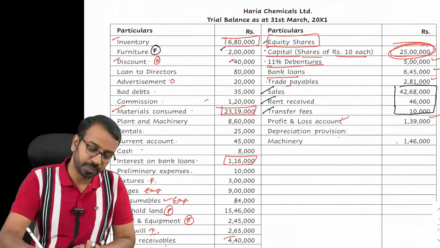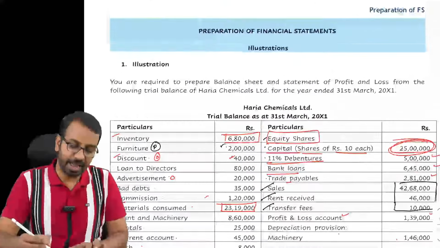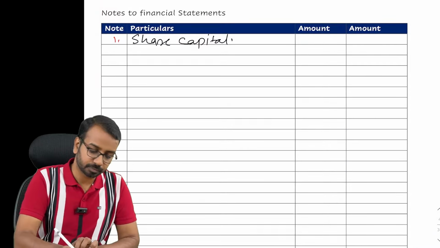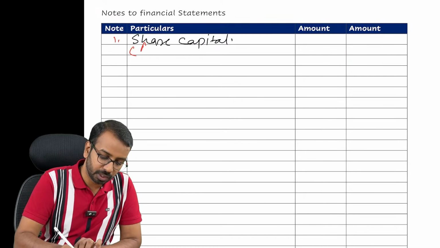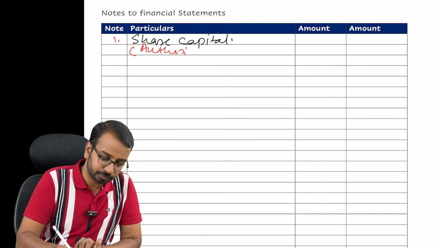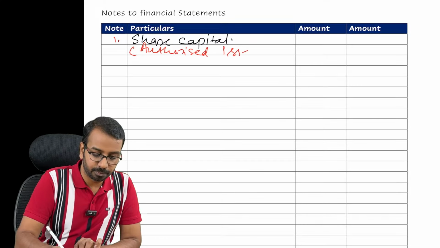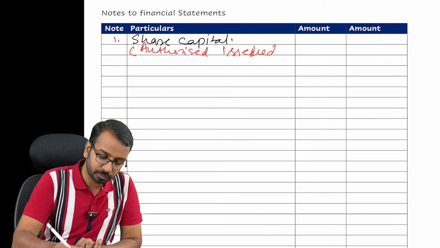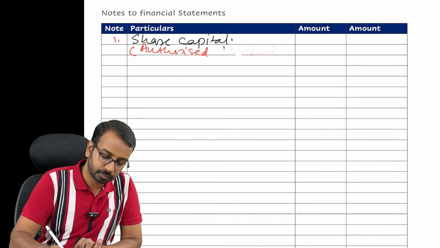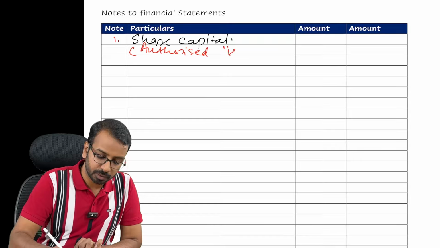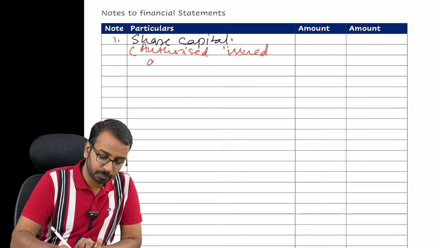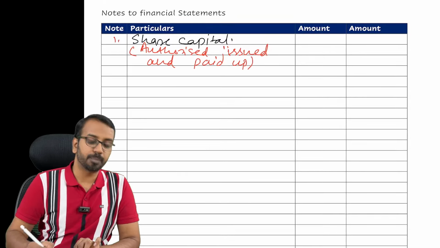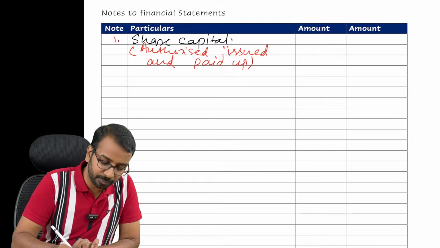So what is the number? The number is 25 lakhs and 10 each. So what we'll say is authorized, issued, and paid up. Okay, authorized, issued and paid up. How many?